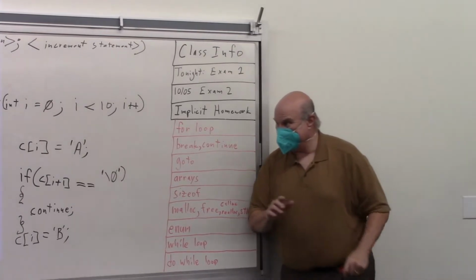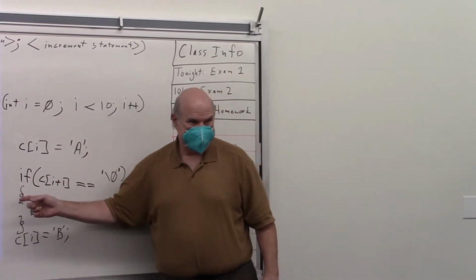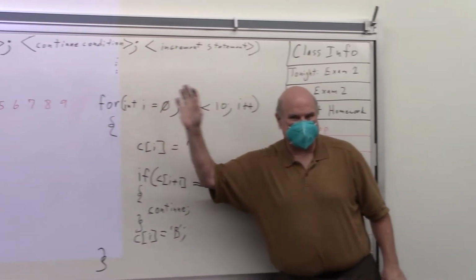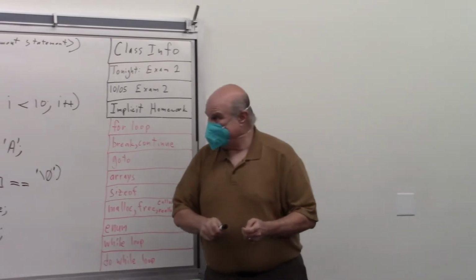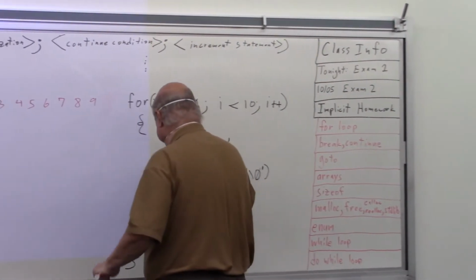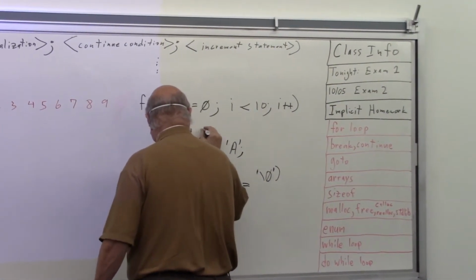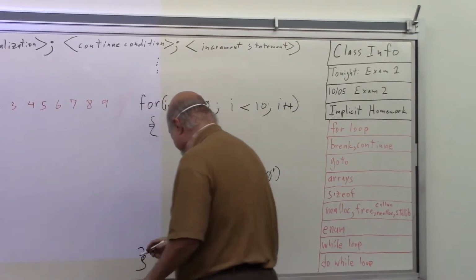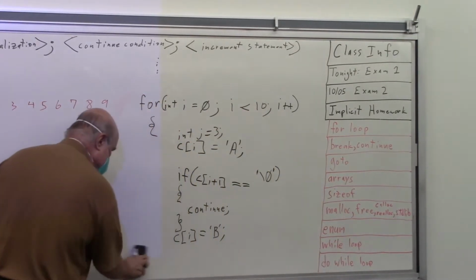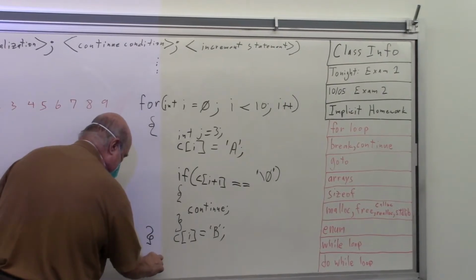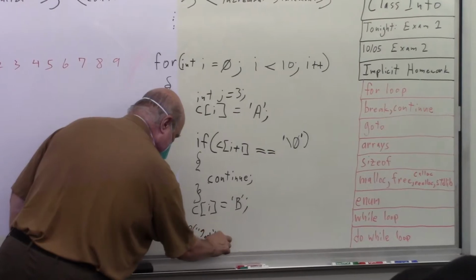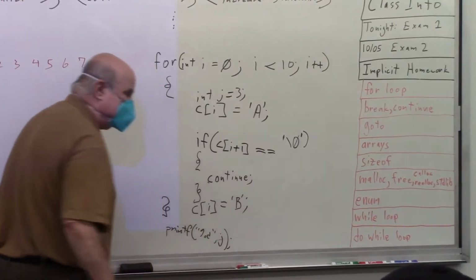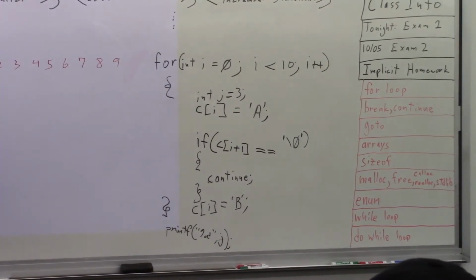So if you declare something inside the braces, nothing outside the braces can see that variable. Suppose I declare in here, which is perfectly valid to do, int j is equal to 3. If I tried to say printf, I would get a compile error.